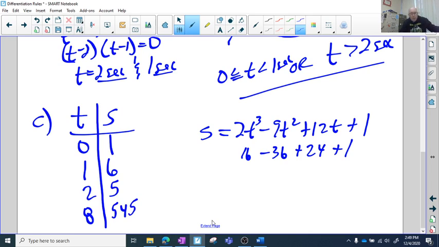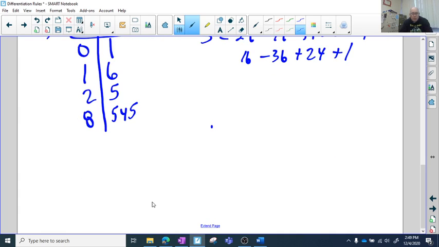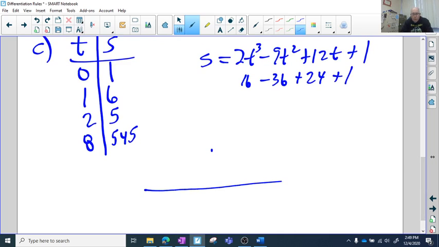So let's map out how this particle moved around, and let's do it on the left-right kind of scenario. So position 1 is the smallest number, and we've got 5, and we had 6, and then way over here we had 545.